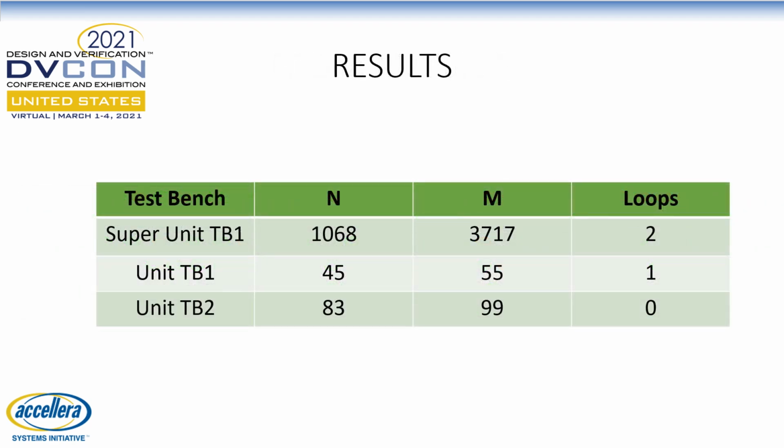We ran this FDG-based method on 3 test benches: 1 super unit test bench including tens of blocks and a couple of unit level test benches. The graphs are overall several thousands of vertices, and we found some interesting loops, especially at the integration level test bench.